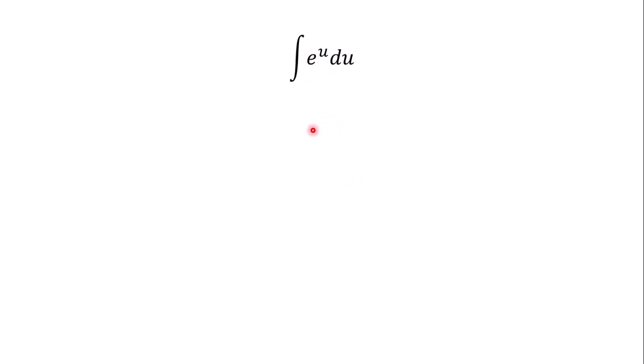Now when you integrate this, you are going to get e to the power u, but u is equal to ln2 raised to the power x. So wherever we see u, we are going to put ln2 raised to the power x there.